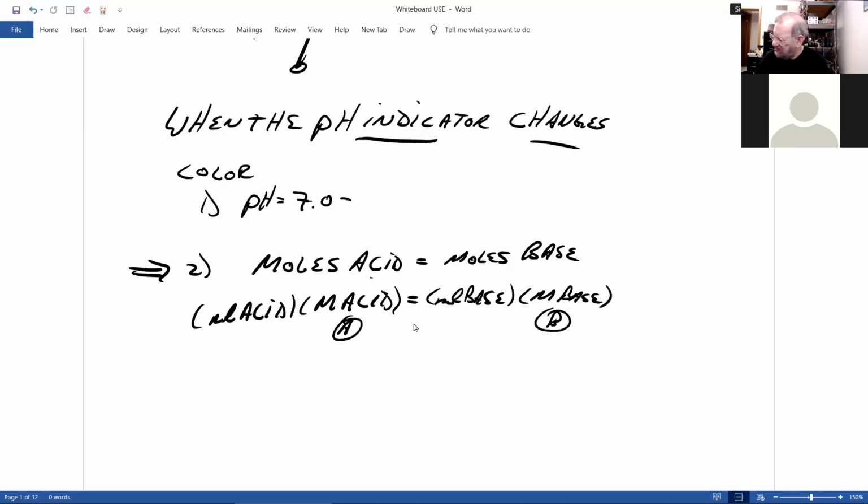Now, there's certain types of titration like this that, depending on the chemical reaction of acid and base, will give you other indications about things you're measuring, including purity.